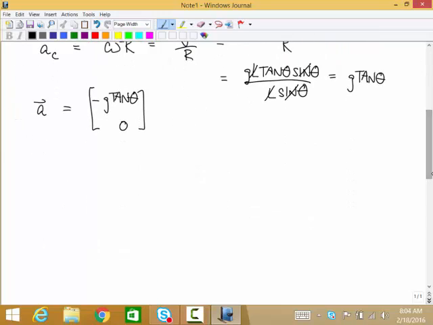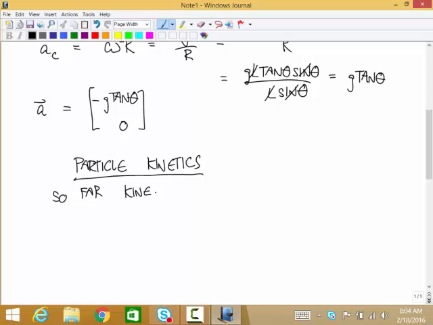Okay, so now we're going on to particle kinetics. So far, what we've been doing is called kinematics. I don't know why they made these two words so similar, but they did, so we got to get used to it. Over time, I've learned to come to terms with it, and now you have to start that process for yourself.